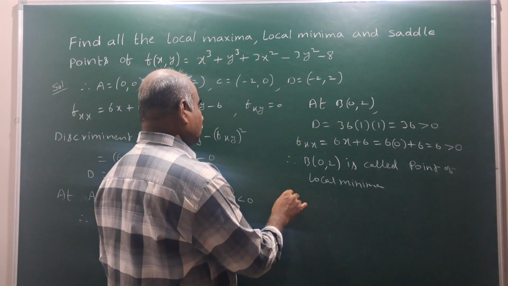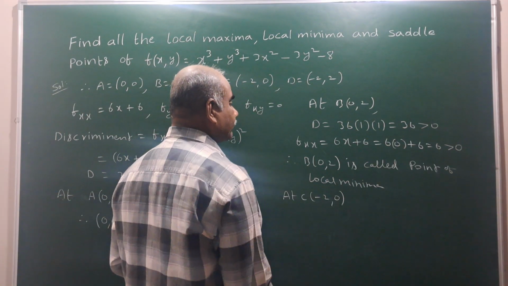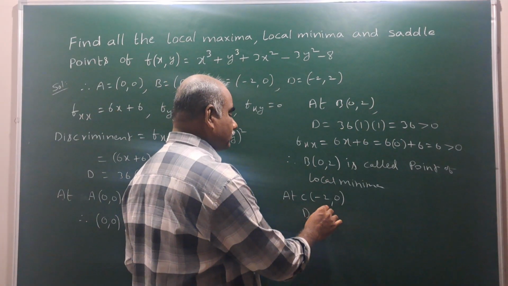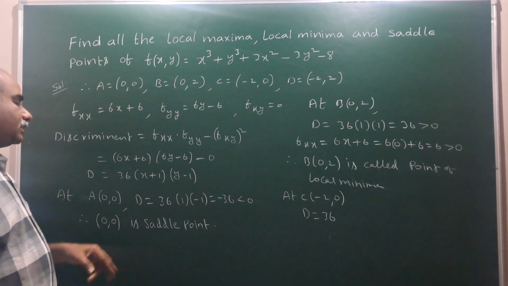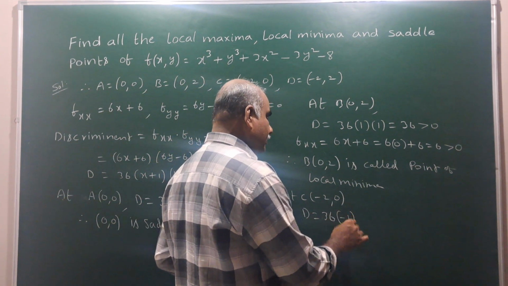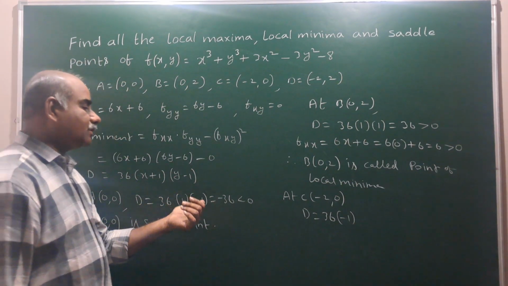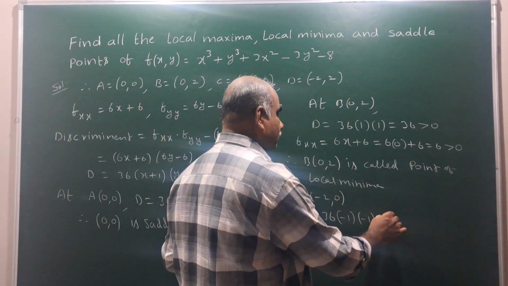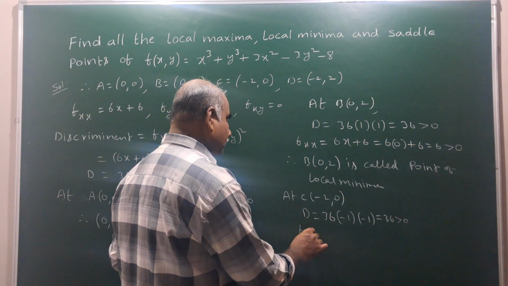Next we have to check the value at the point c (-2, 0). At this point, first of all we have to verify D, discriminant 36 into (x + 1) into (y - 1). x means -2 here, -2 + 1, that means -1. y is 0, so 0 - 1 gives -1. So 36 into -1 times -1, which is equal to +36, which is greater than 0. Again we have to check fxx.